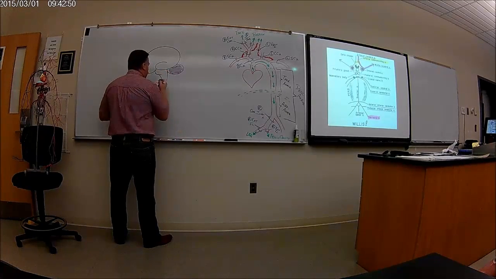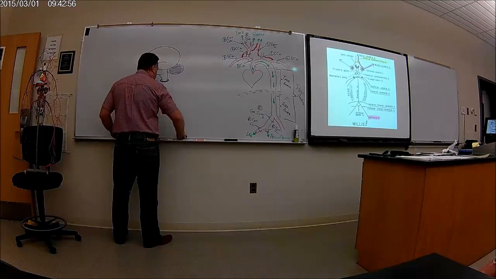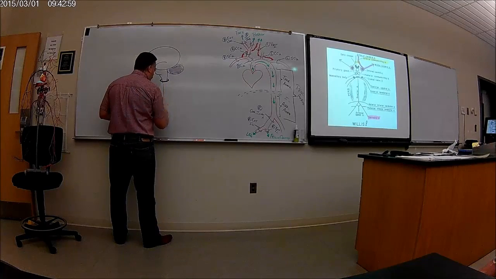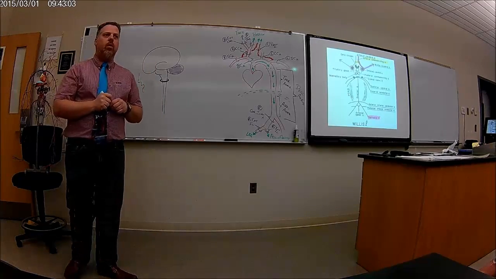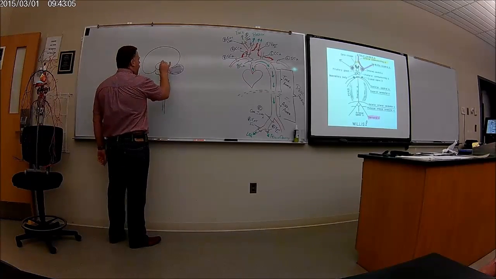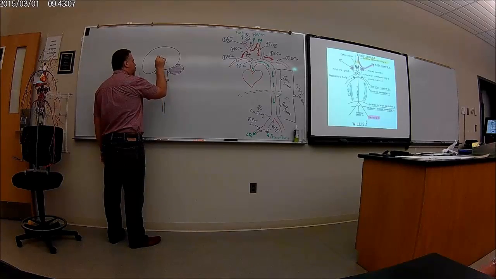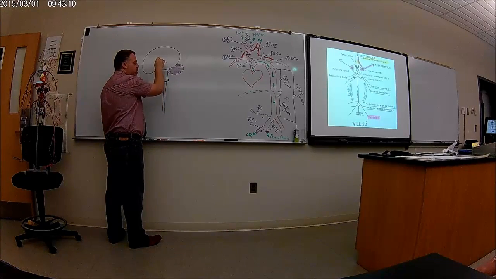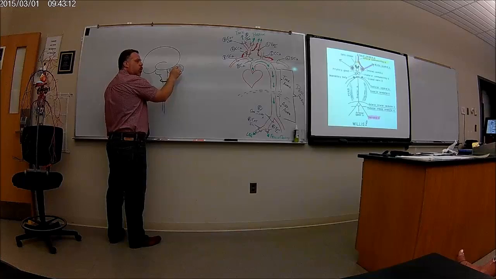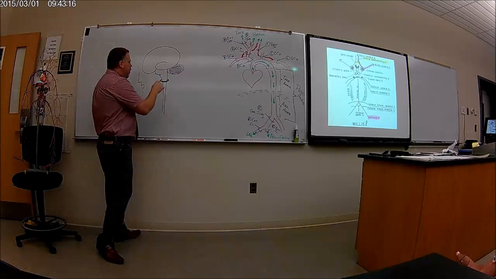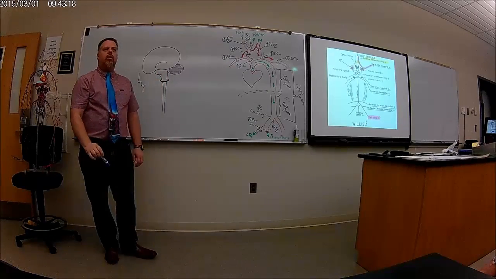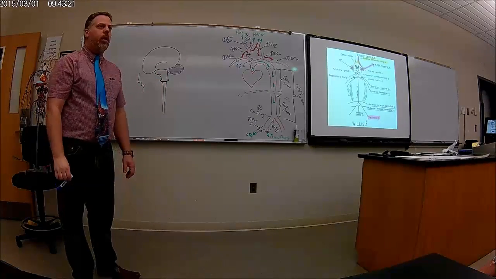And once it goes through the foramen magnum of the skull, then the brain stem tapers off and becomes the spinal cord. Okay? So those are the three major parts of the brain. The cerebrum, the thinking part, the cerebellum, which controls coordination, amongst other things, and the brain stem, which is vital, which controls heart rate, breathing, blood pressure.